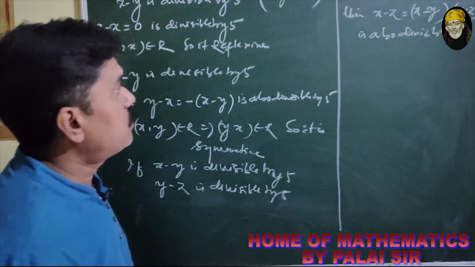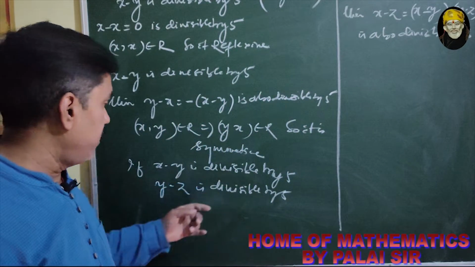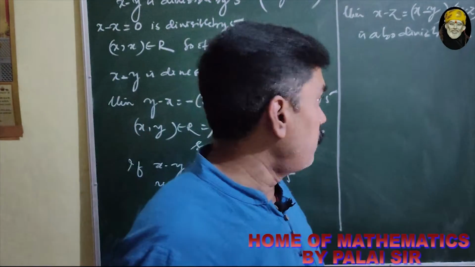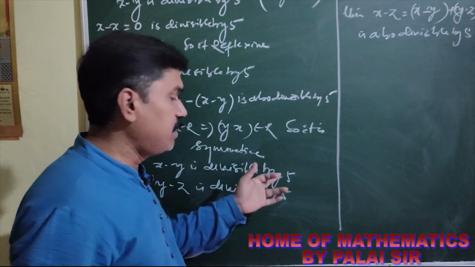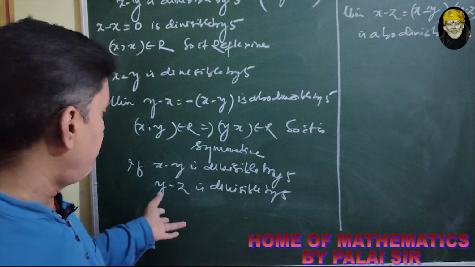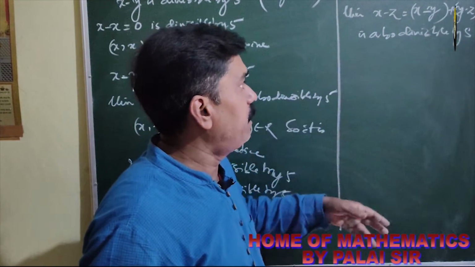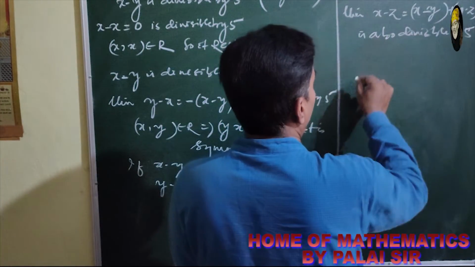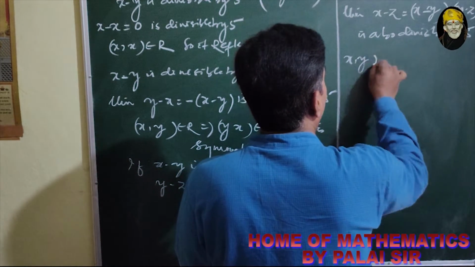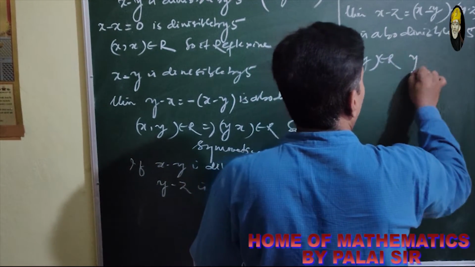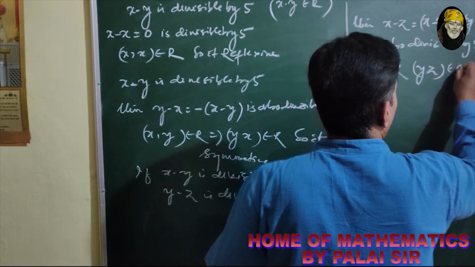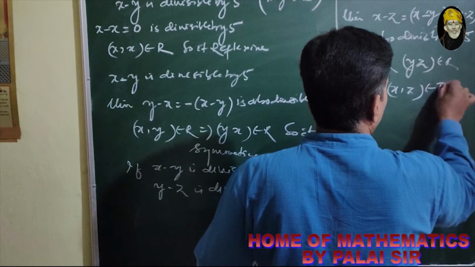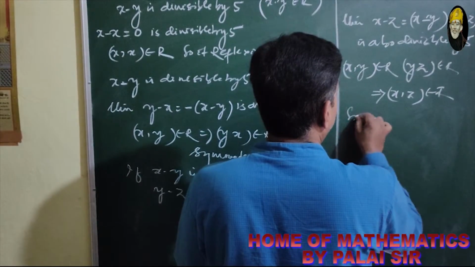Why? Because if one number is divisible by 5 and the second number is also divisible by 5, then the sum of the two numbers must be divisible by 5. For example, let x minus y be 10 and y minus z be 25. 10 plus 25 we are getting 35. This 35 is also divisible by 5. So xy belongs to R, yz belongs to R. This implies that xz belongs to R. So it is transitive.